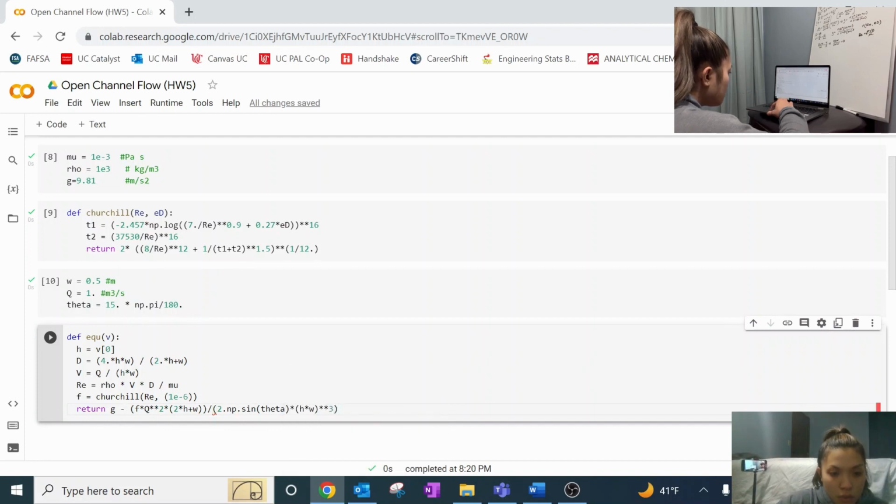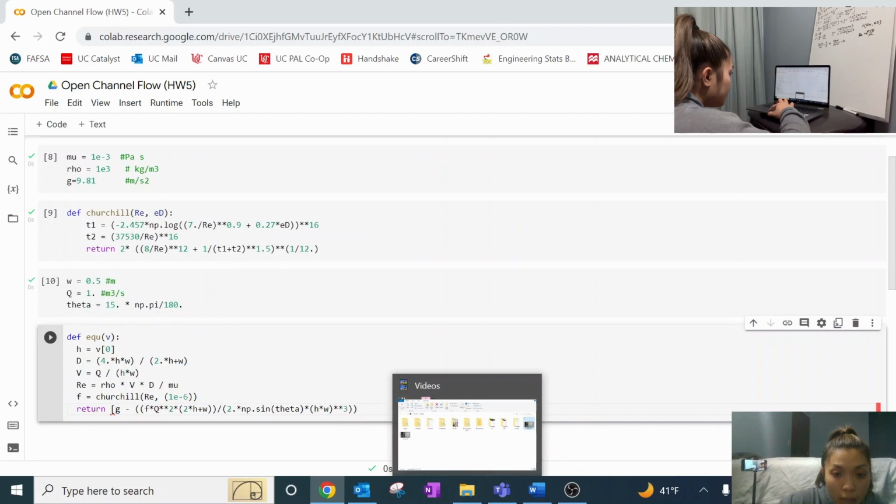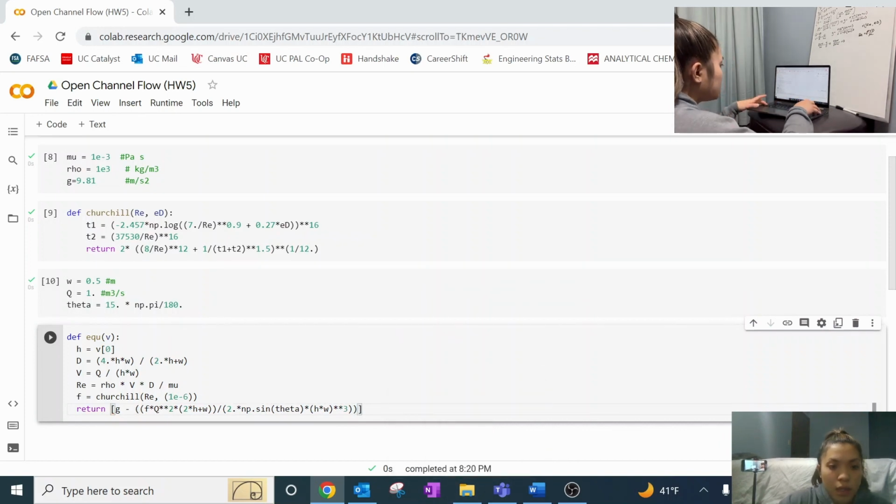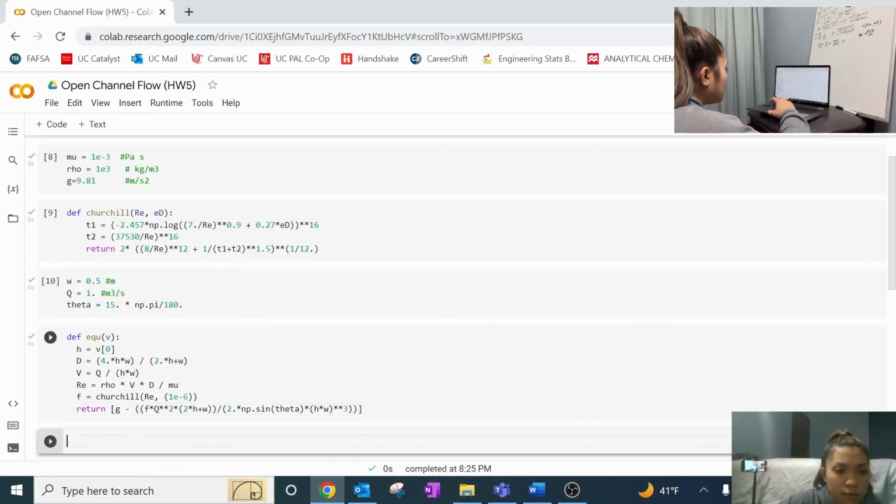And then, because it's the root solver, this will have to be an array, so we'll put brackets around it. So we'll shift enter, hopefully it all works.